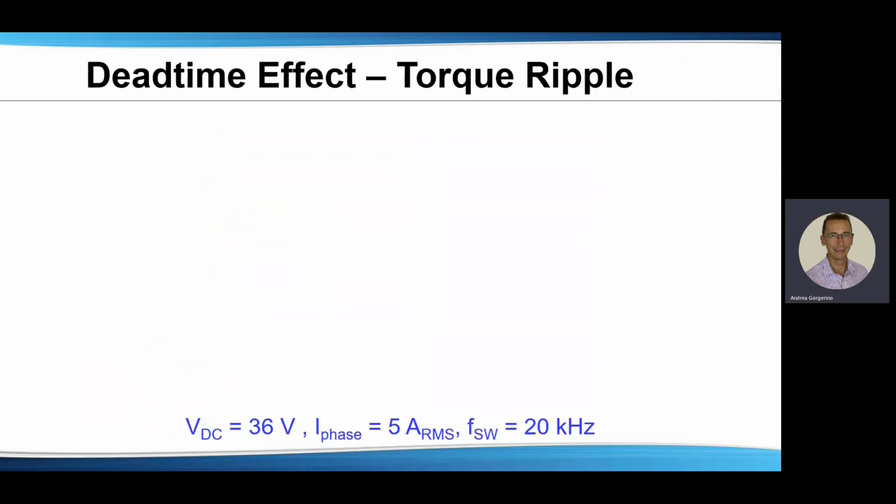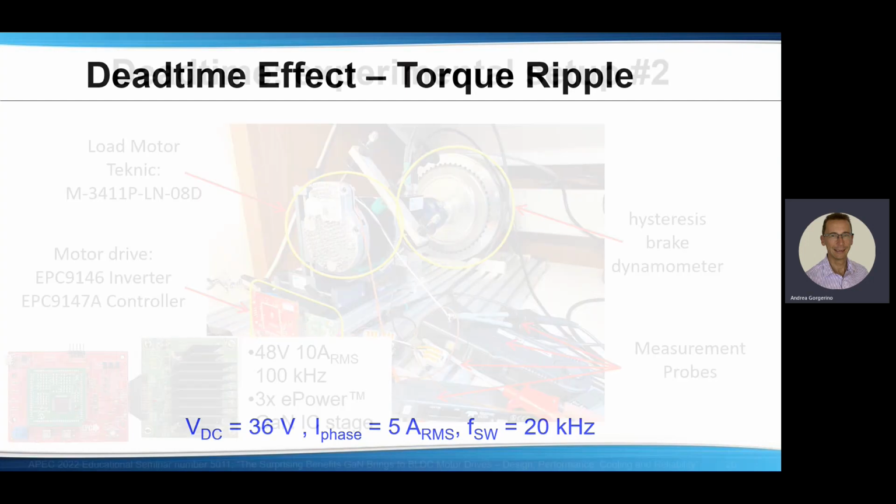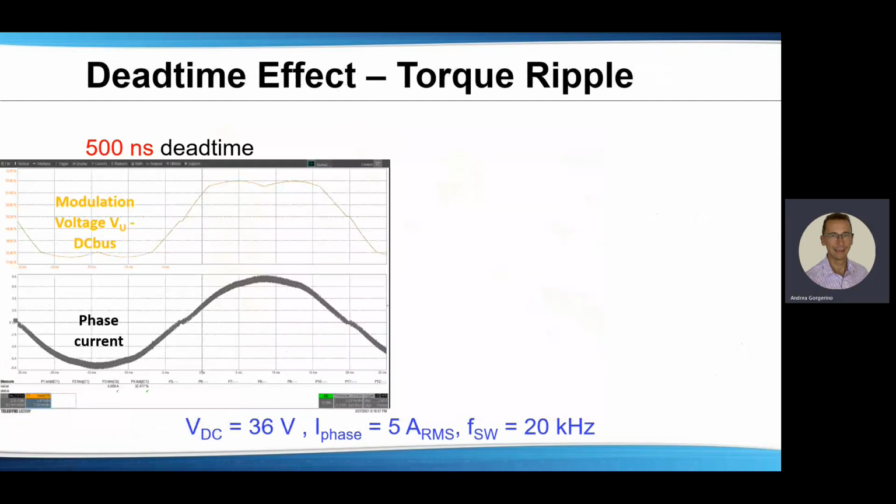First, we tested the motor drive of the previous setup with a 36-volt DC supply, 5 amps RMS in each phase of the motor, with a sensorless field-oriented control algorithm. On the left-hand side, we see the waveform for a 20 kilohertz PWM frequency and 500 nanosecond dead time.